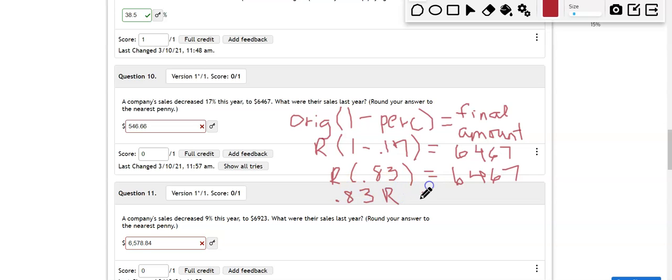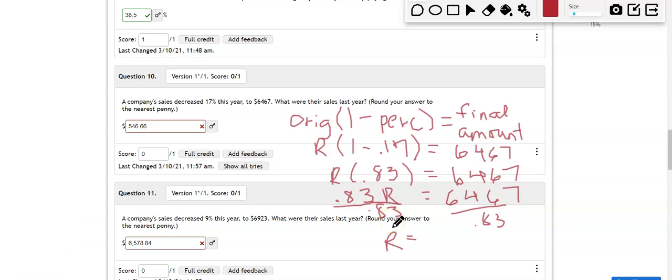No reason to rewrite it like this, though. If you don't want to, you can go straight to this next step. We want to get rid of the number in front of R, so we divide it out. And then I'll stick that into the calculator and see what the original amount was before the discount.